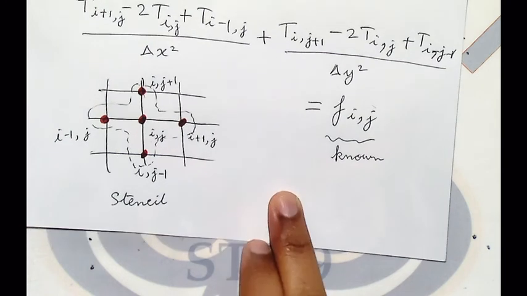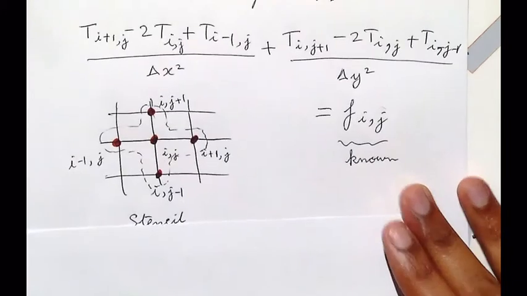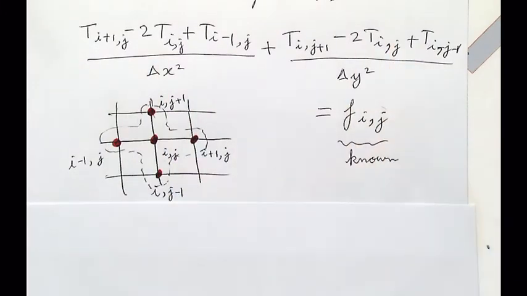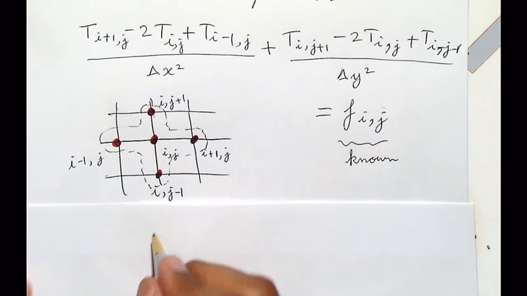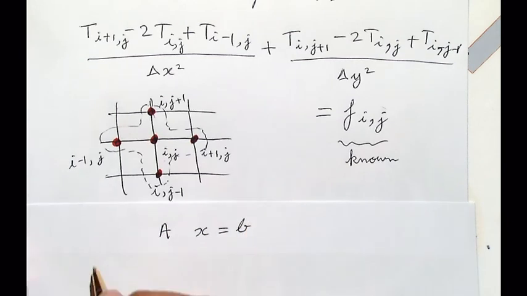So last step, and we will stop after this, is to write this whole thing as a matrix solve. So something like AX equals B. There will be this big matrix, and there will be an X vector. So let's fill out the X vector.